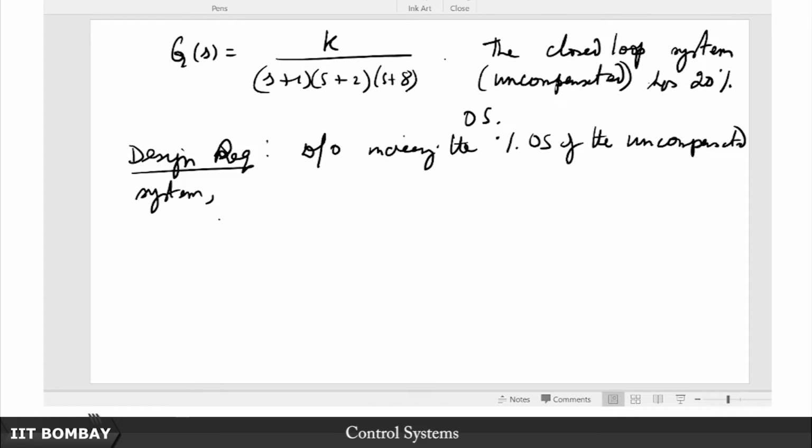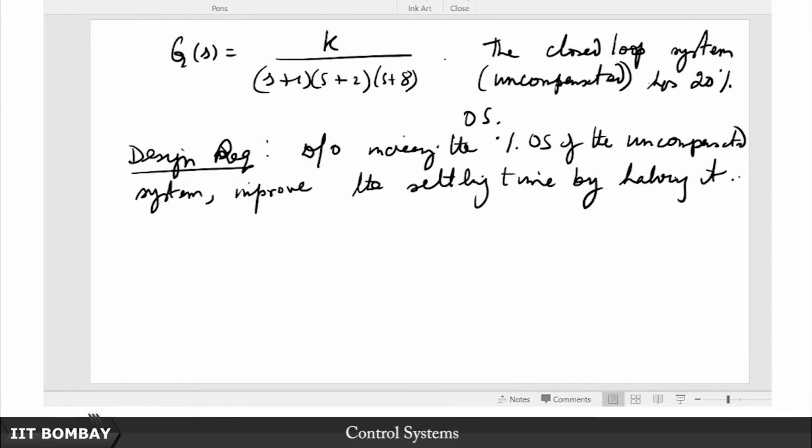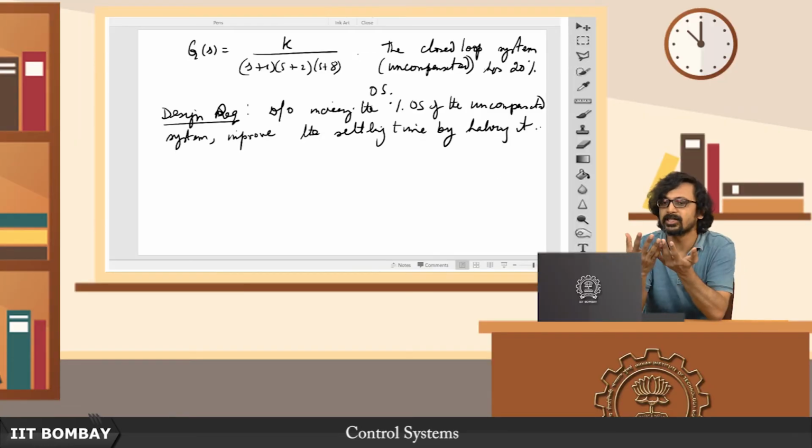But here's what you do: improve the settling time by halving it. So you are basically making your system faster, twice as fast. Halving the settling time means you are entering the 2% band in half the time.